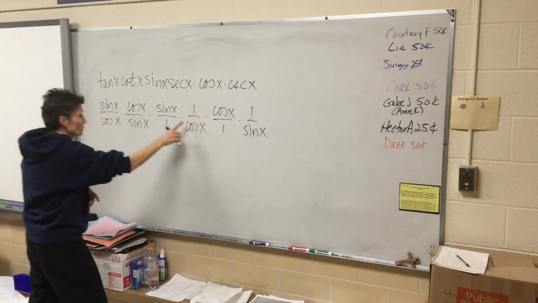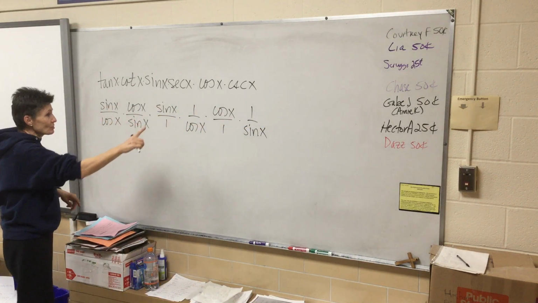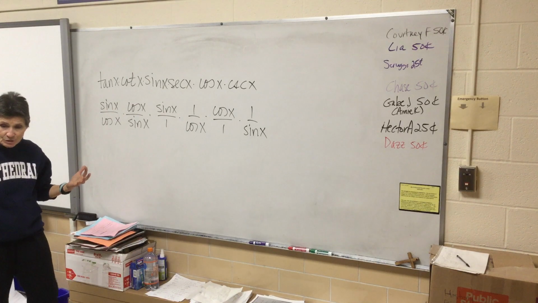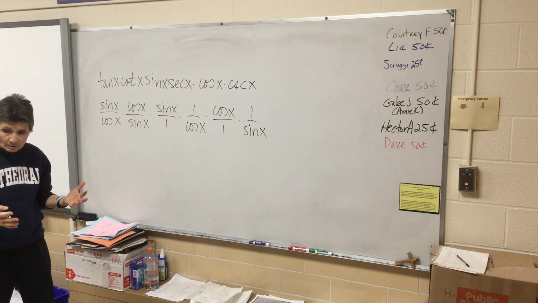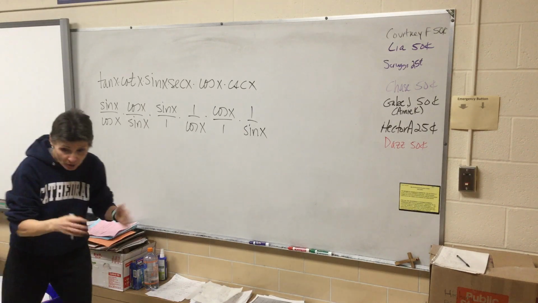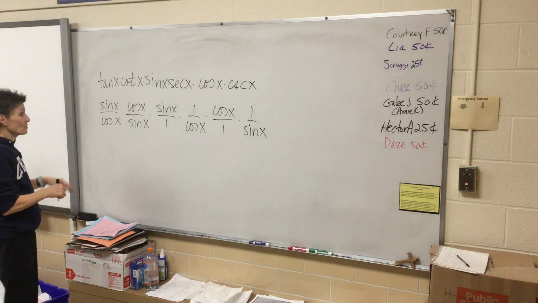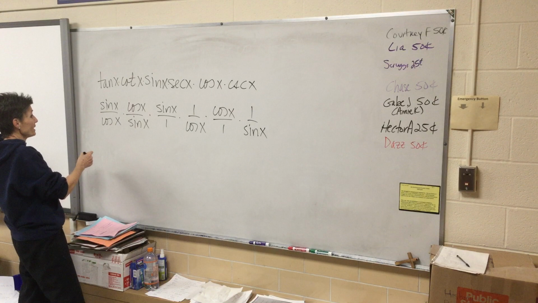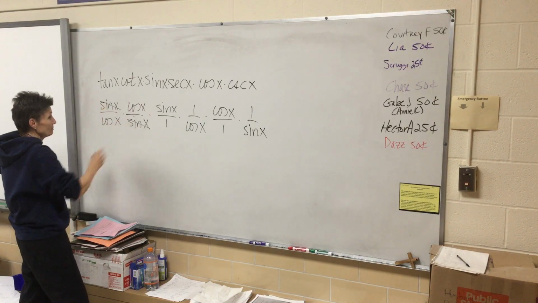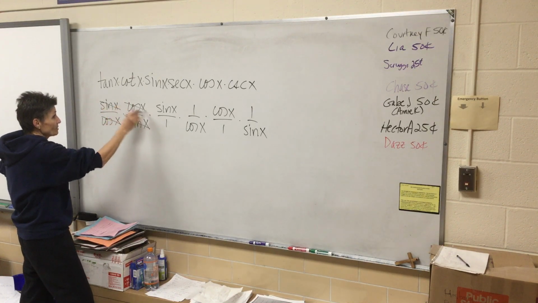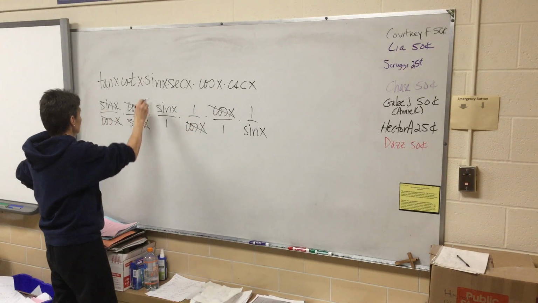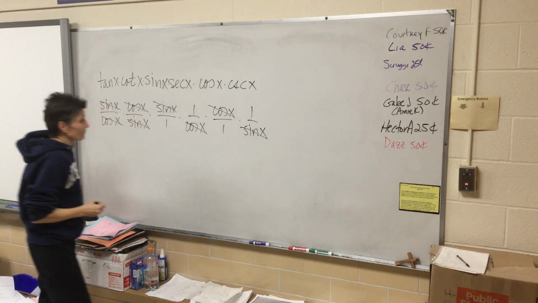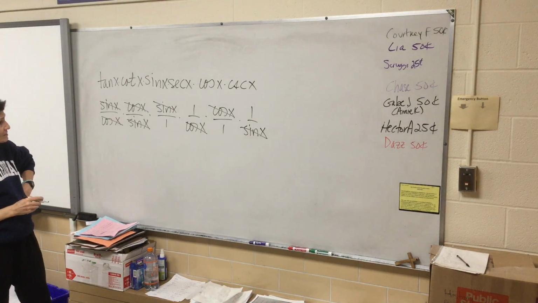Now, it's all multiply. There's no adds or subtracts. So what am I allowed to do if it's all multiply? Just start slashing away. Cancel. Yeah, that's right. So here we go. What will cancel? Well, that will cancel. That will cancel. Oh my gosh, did it all cancel out?